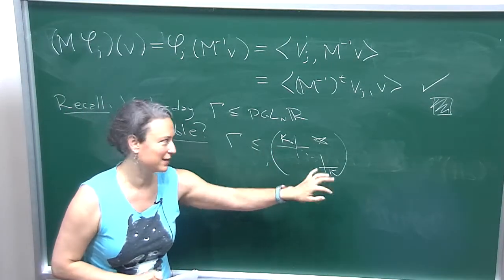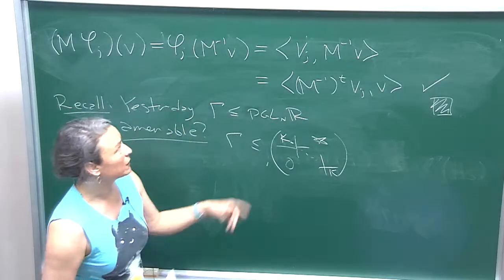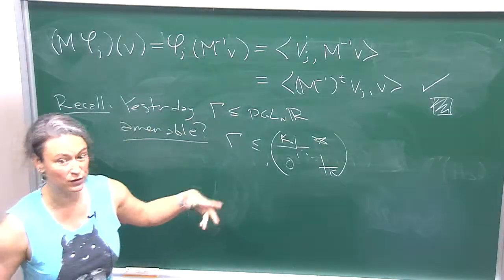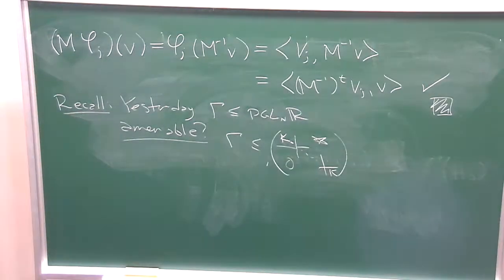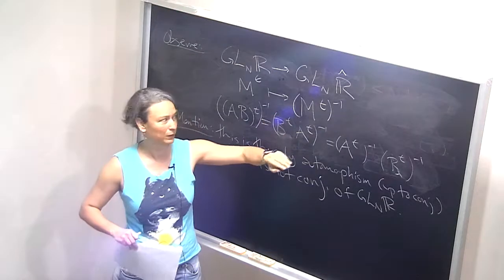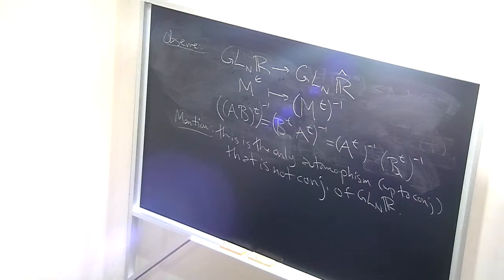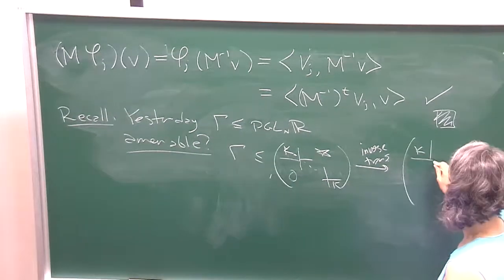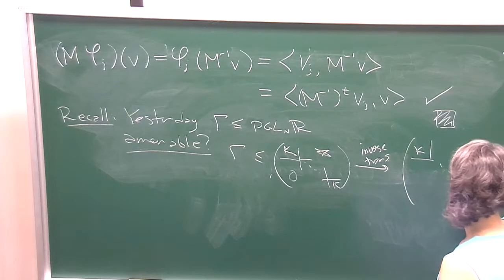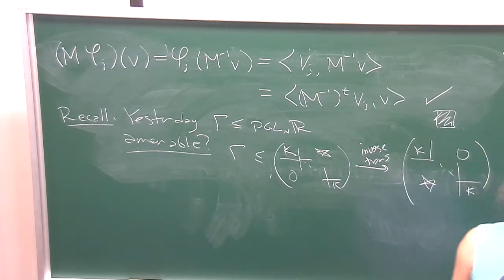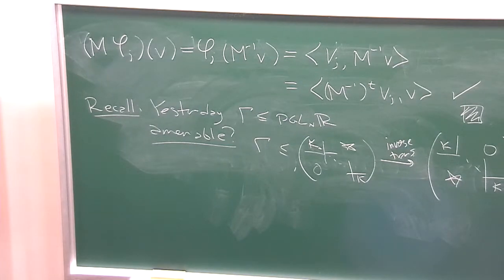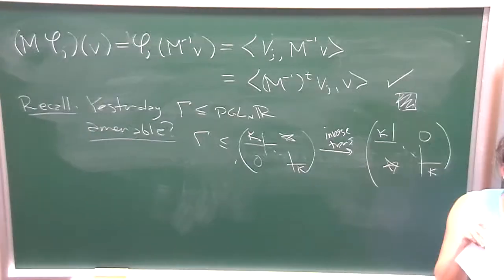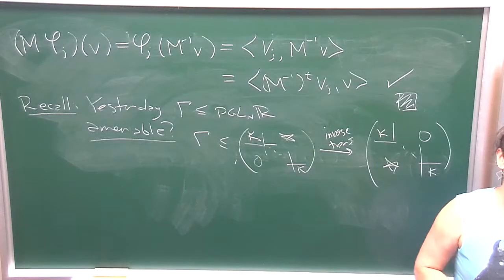So I got compact things on the diagonal, stars above, and 0. So what's going to happen under this new representation? Well, it's the inverse transpose. So this thing will become the transpose, going to become the same form, but on the lower block. And that's not really going to be that important, but I just want to make sure that everybody understands where you are, wherever you are. Okay?